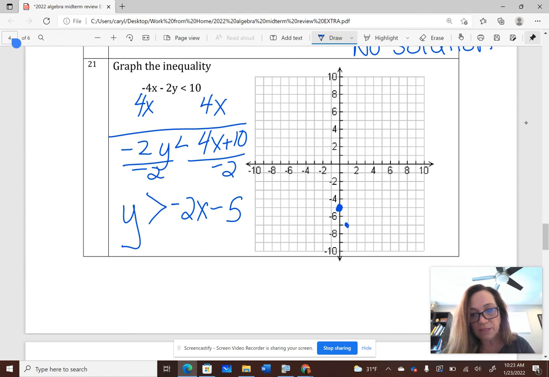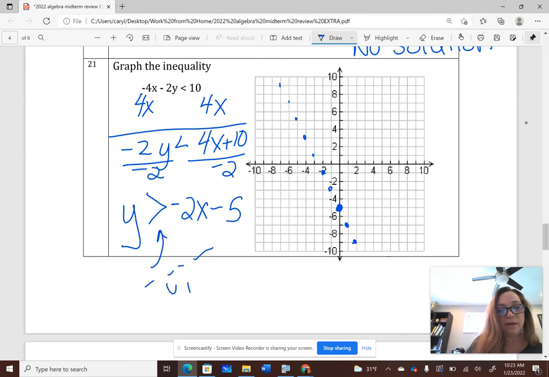Okay, and you can use your calculator to totally help you with this. All right, I hope mine comes out not as sloppy as it's starting here, but... And remember, bring a ruler, because if you bring a ruler, it makes this so much easier. All right, so this right here, dotted line and shade up. Okay.